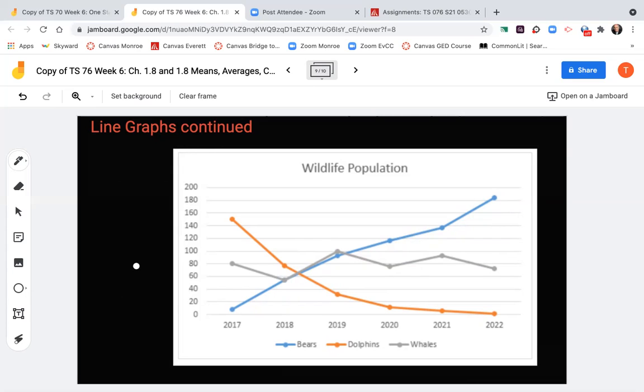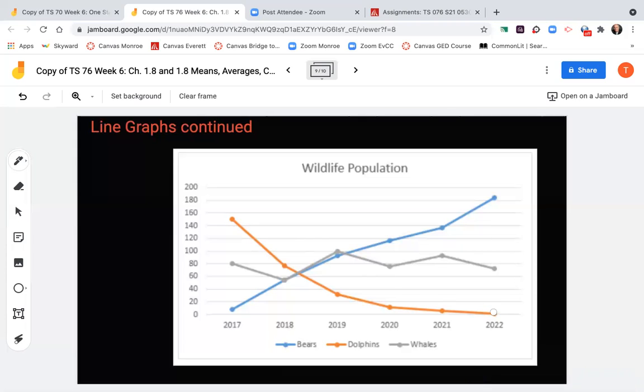I'm going to help you out here. First of all, if I'm concerned about wildlife population, I probably want to be concerned about, is there one of them that's declining a lot, or we're losing a lot of them? And yet dolphins seems to be the one here. We started in 2017, and whatever area we were watching, we had about 150 dolphins.